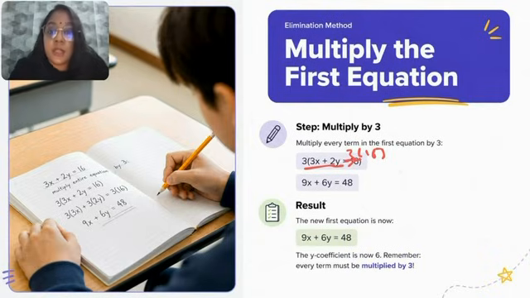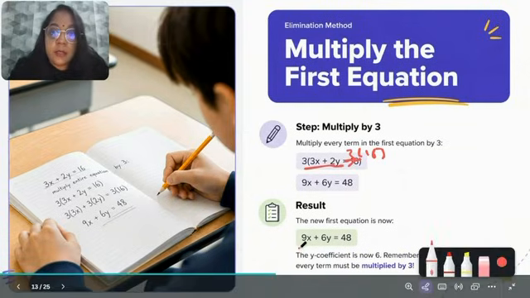Next, 3 multiplied by 2y equals 6y. And finally, 3 multiplied by 16 equals 48. So our new equation is 9x plus 6y equals 48.